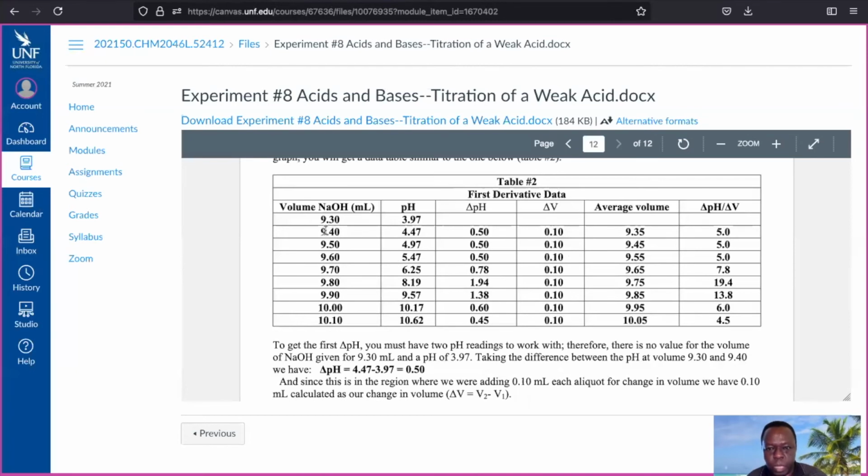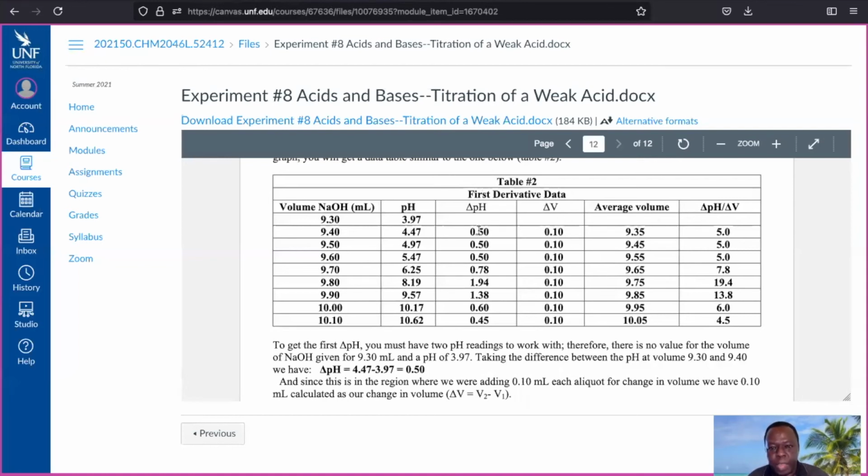This 9.40 plus 9.30 divided by 2 is what we have here. 9.40 plus 9.50, these two right here will give you the average. Each time, you add and divide by 2 to get the average. So once you have this, we are almost there in finding the first derivative data to find the equivalent point.